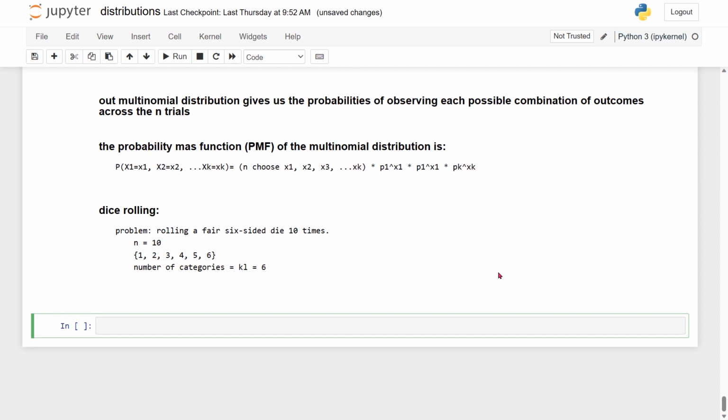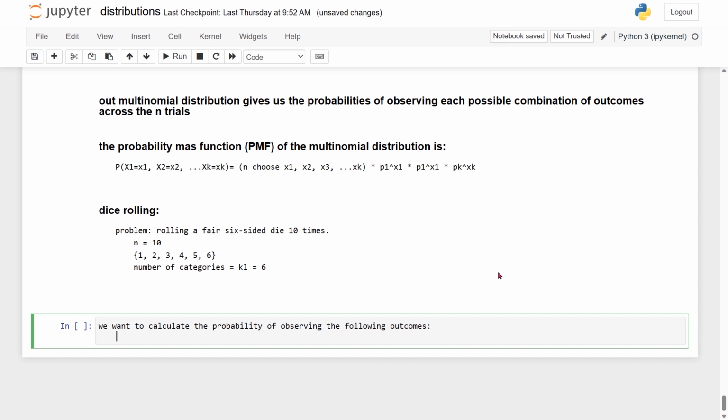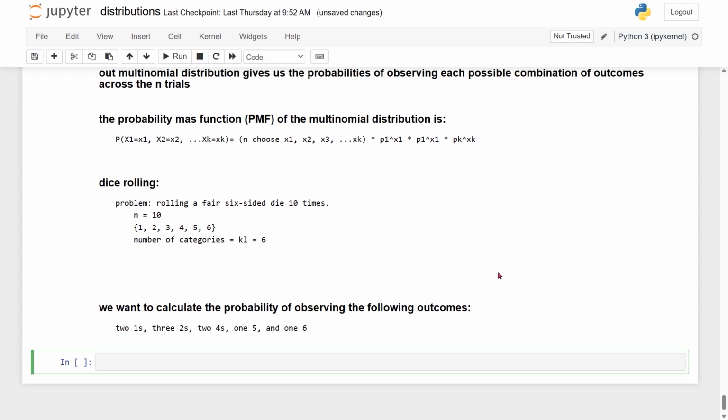What are those? Two ones, three twos, two fours, one five, and finally one six. This is the combination we want. Now how will we get it?